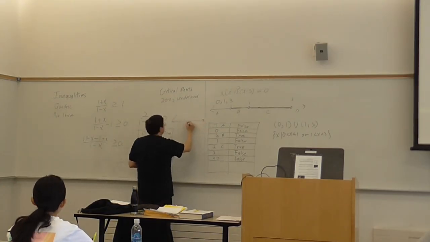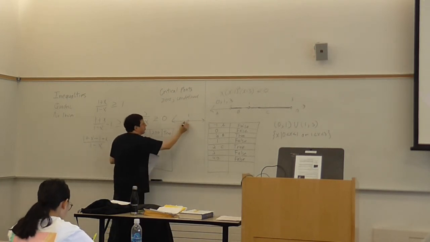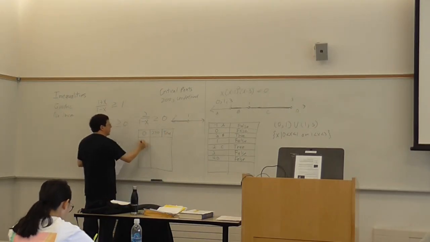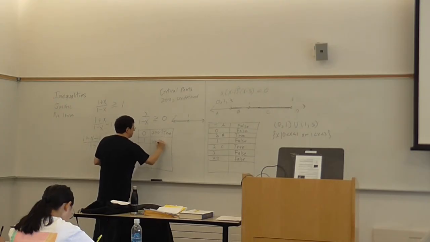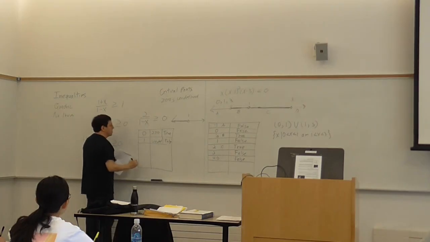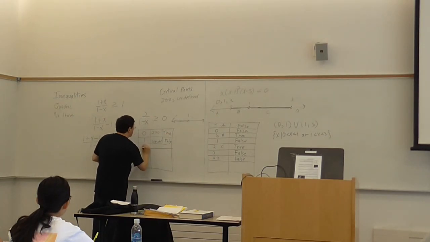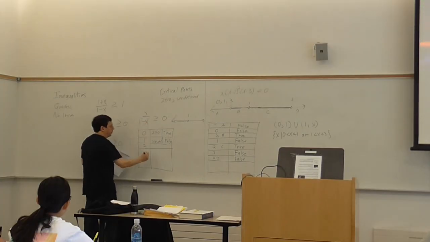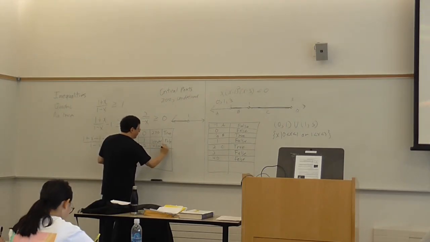So this region is going to be included. At 1, I'm undefined. False. In the next section, if I plug in, say, a 2, I'm going to get negative 2 greater than or equal to 0, which is false.